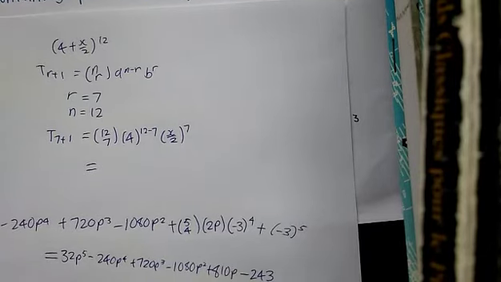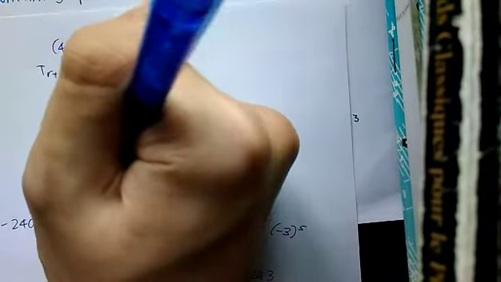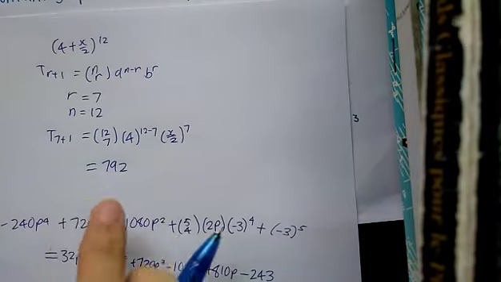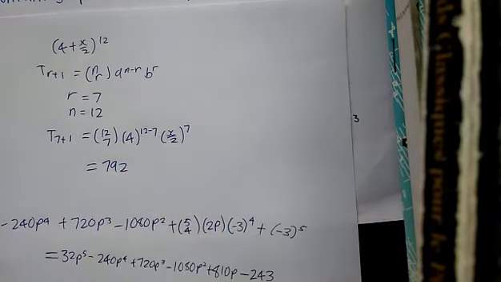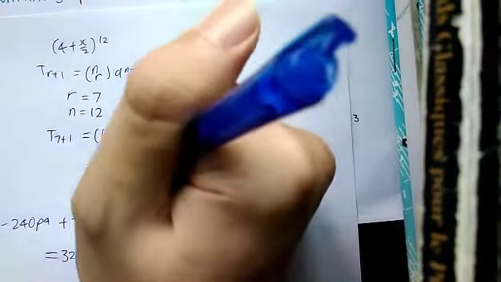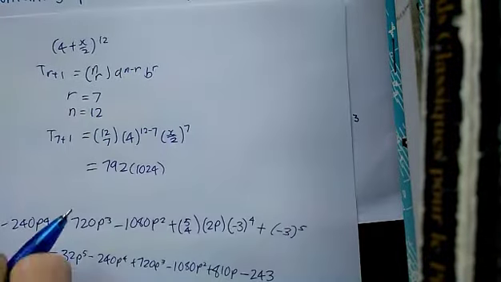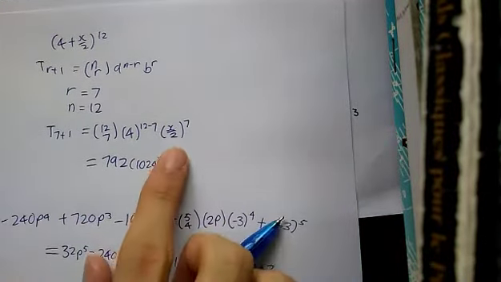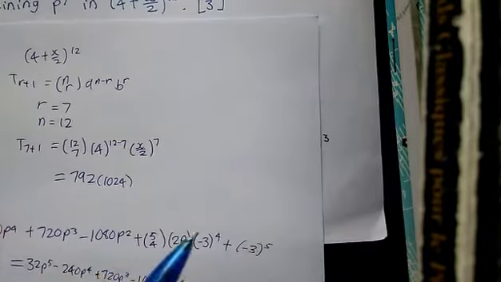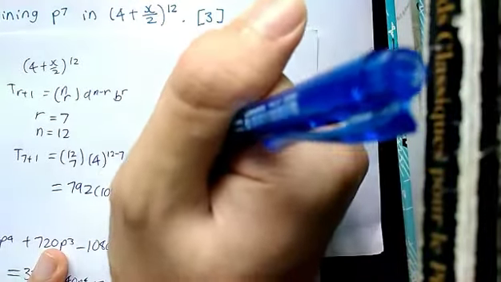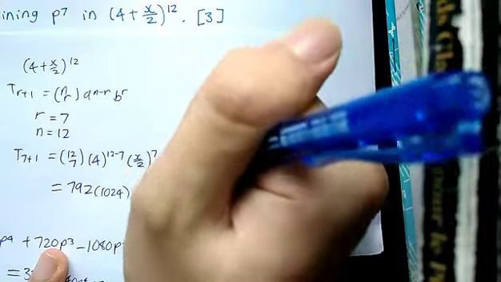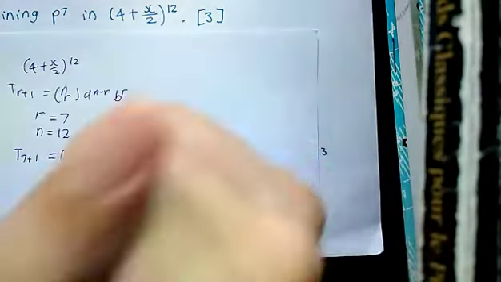So 12 choose 7 is equal to 792. 4 to the power of 12 minus 7 is 4 to the power of 5, which is 1024. Then x divided by 2 to the power 7, we are going to split this up into x to the power 7 and half to the power 7.